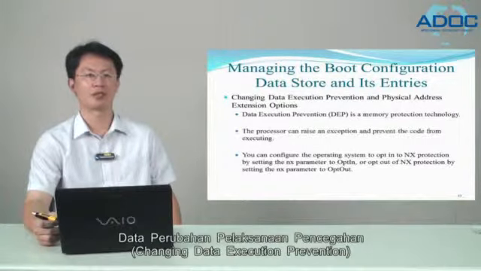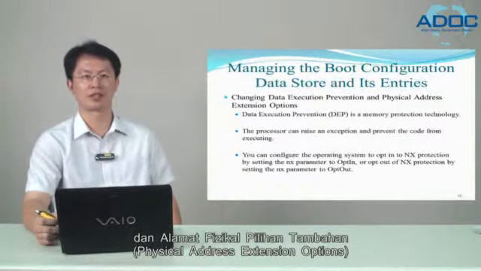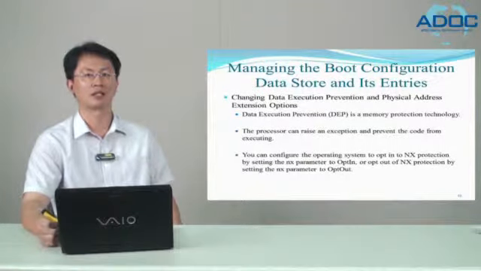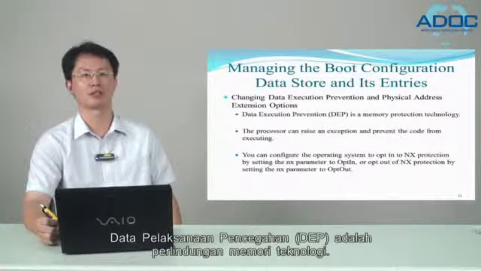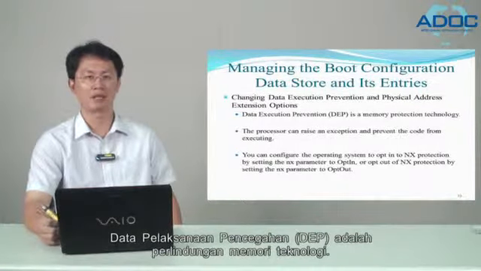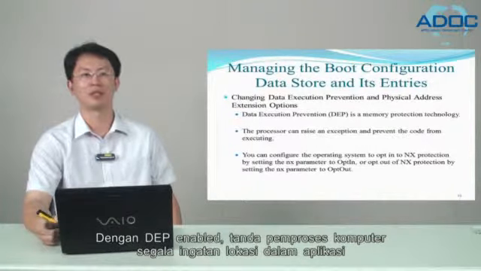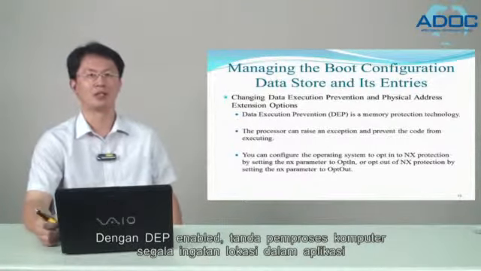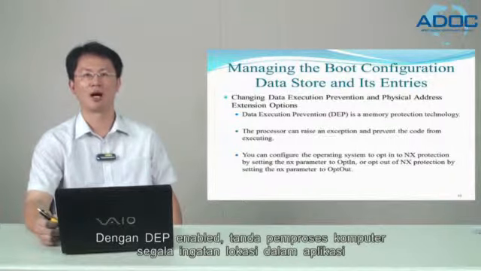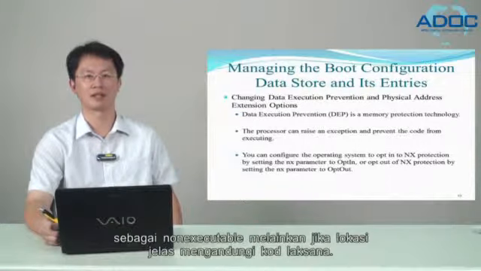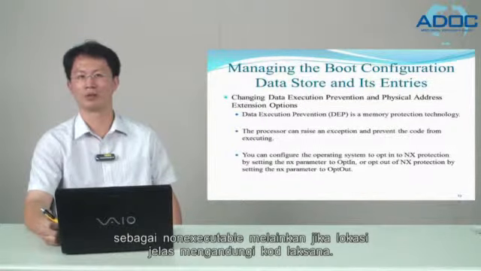Changing data execution prevention and physical address extension options. Data Execution Prevention, DEP, is a memory protection technology. With DEP enabled, the computer's processor marks all memory locations in an application as non-executable unless the location explicitly contains executable code.